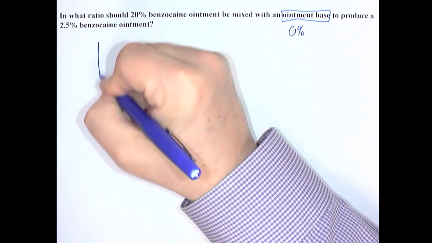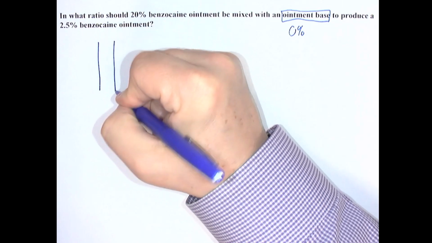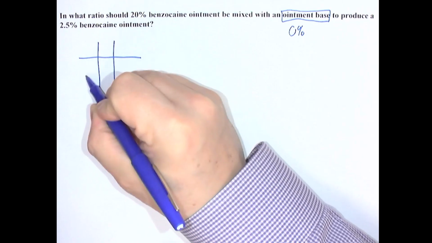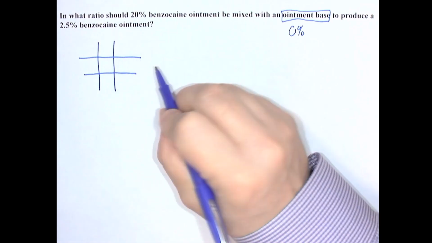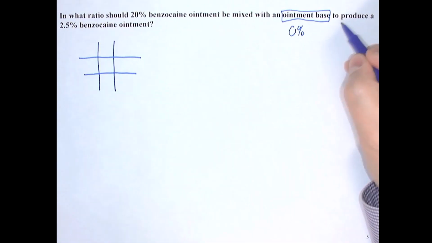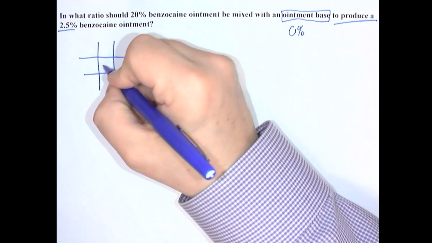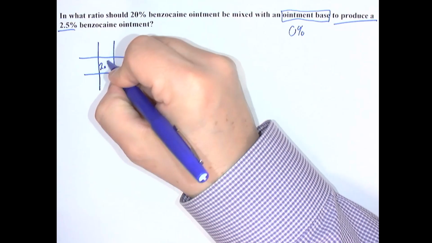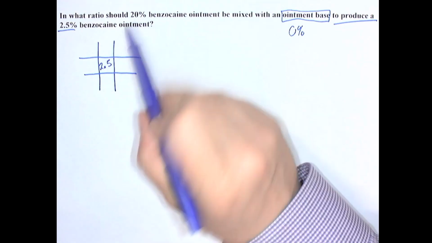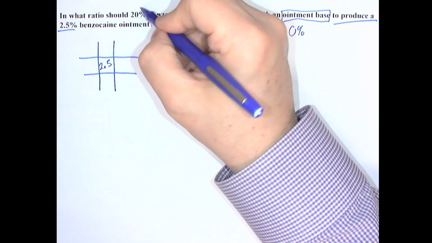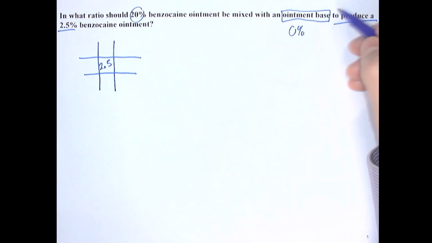So I'm going to set up our grid here. It says the target concentration is to produce a 2.5% ointment. So that's 2.5 is the target concentration. And it says we're going to use a 20% benzocaine ointment and an ointment base.